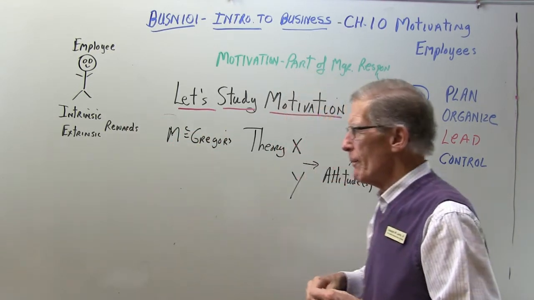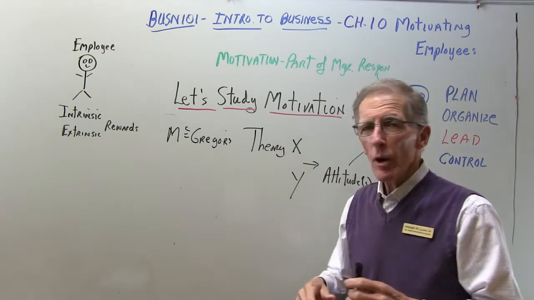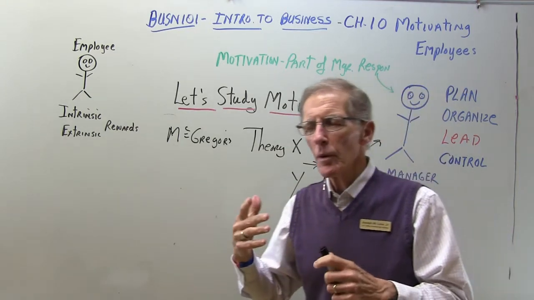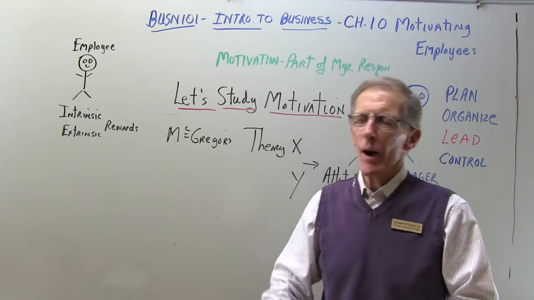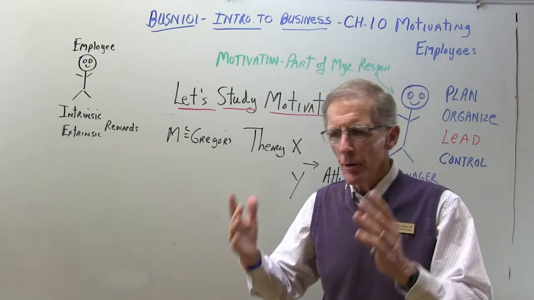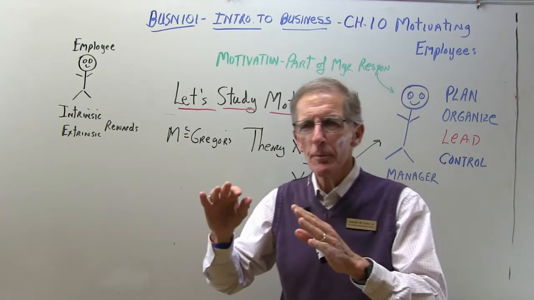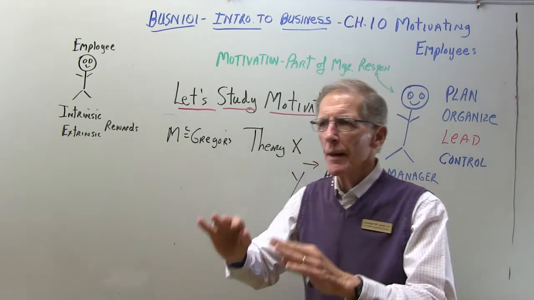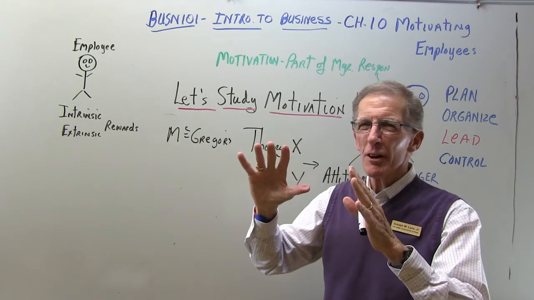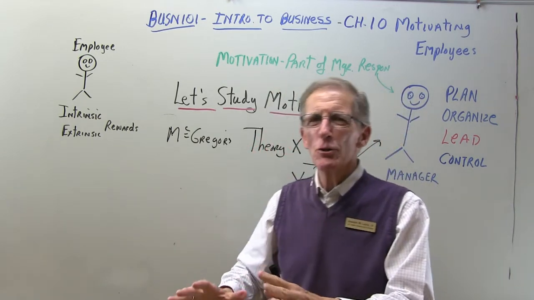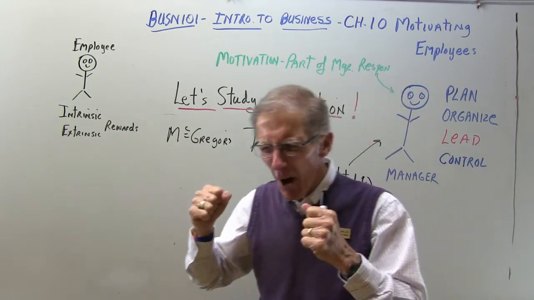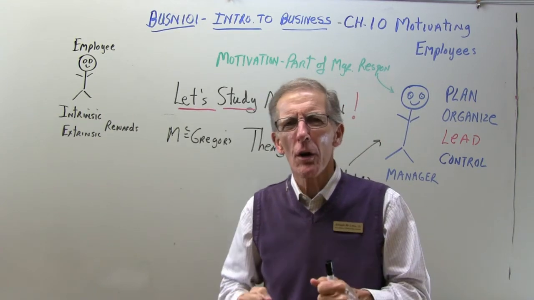Theory X managers felt like the employees did not want to work, did not want to accept responsibility. You had to stay on them all the time to get them to do anything. You had to sometimes use coercion. You had to sometimes threaten punishment, that sort of thing. That people were just crummy, and you always had to force them to work and work hard.